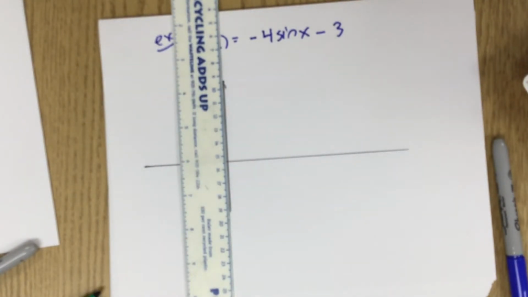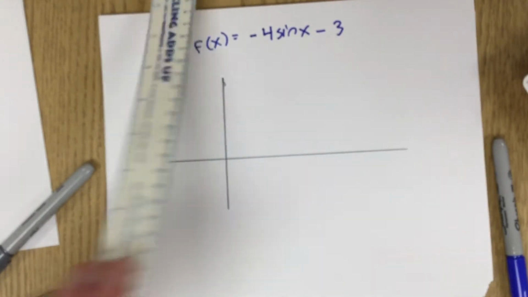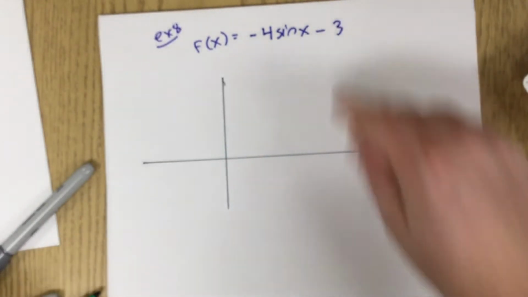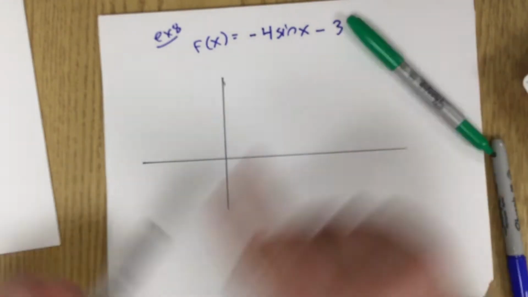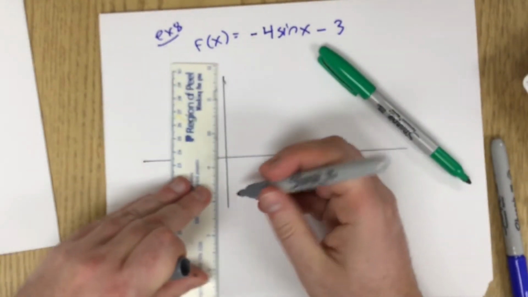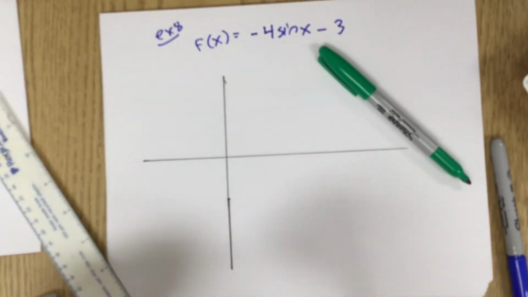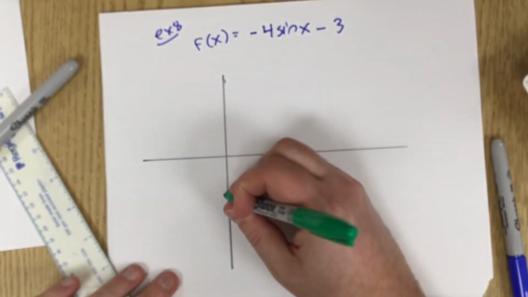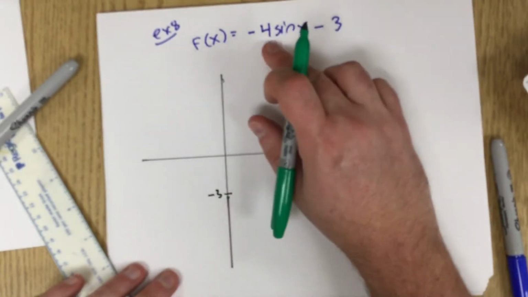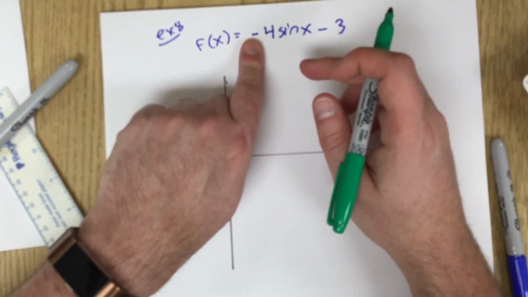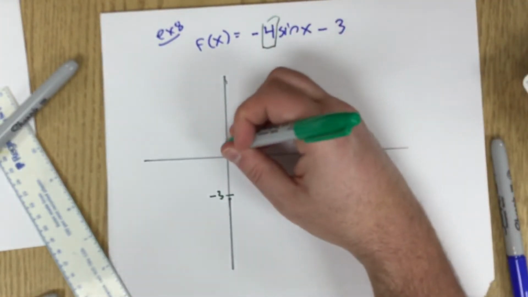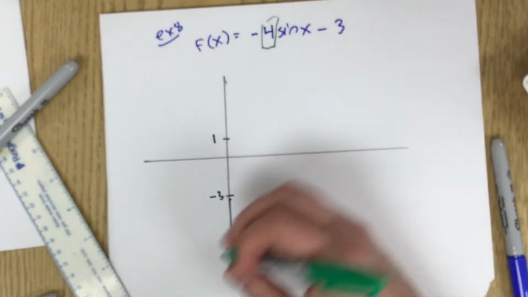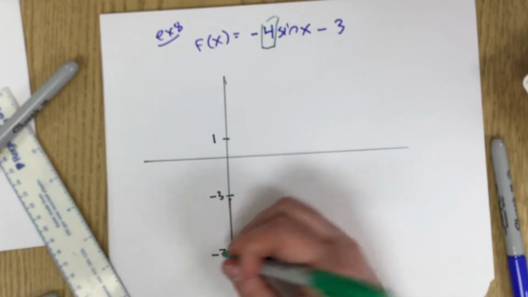And what we have, it went down 3. We're going to have a lot more space on this one. The negative is just a vertical reflection. This is still the amplitude over here. So the amplitude is still 4. So we go up 4 and we go down 4 to negative 7.